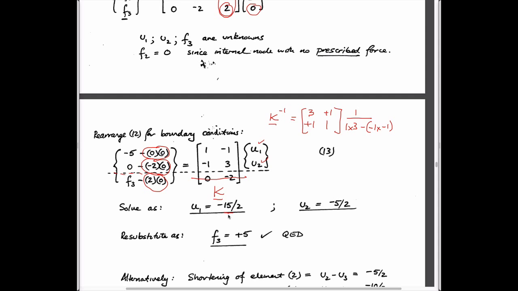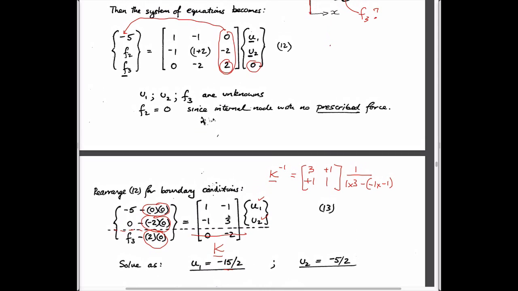And then, now what? Well, we can resubstitute them into this. So we know that u1 is equal to minus 15 over 2. We know that u2 is equal to minus 5 over 2. And we know that this is 0. So we know everything in this vector.